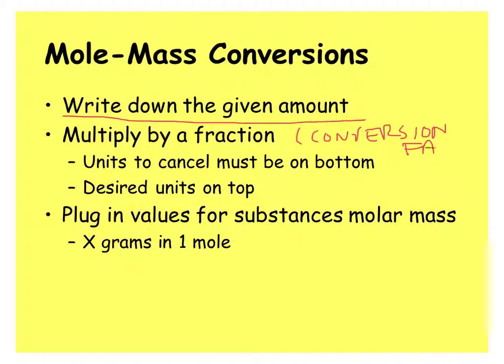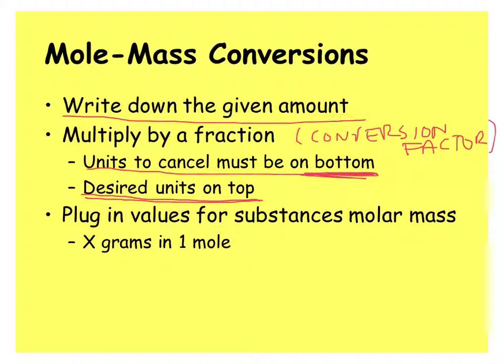And the key here is that the units you start with, the units you want to cancel, so in other words, if you're given grams, those gram units need to be on the bottom so they can cancel with the gram units that you're given. And then what you're converting to, your desired units, is going to be on the top.